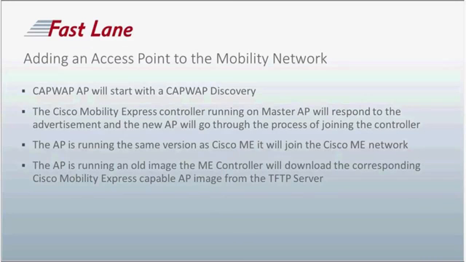If the AP is already running the same version as the Cisco Mobility Express virtual controller, it will join the network. If it's running a different image, it will download it through the Cisco Mobility Express virtual wireless LAN controller that is pointing to the TFTP server.